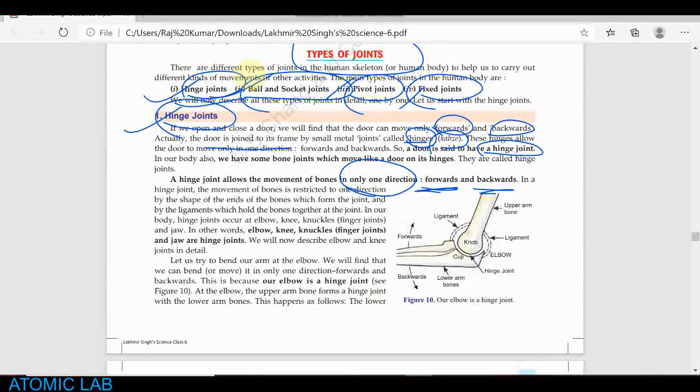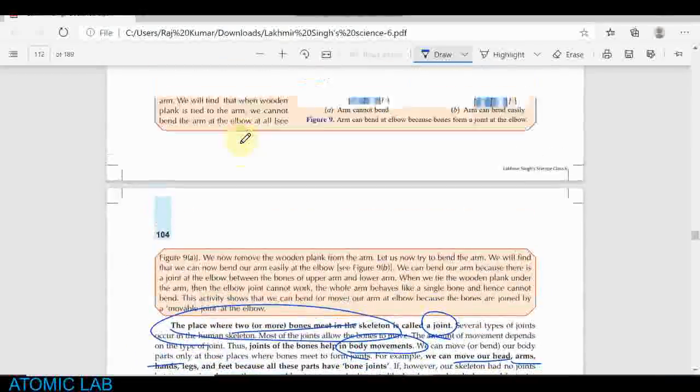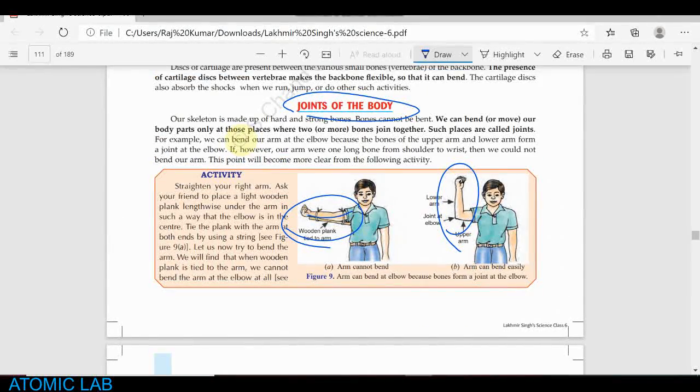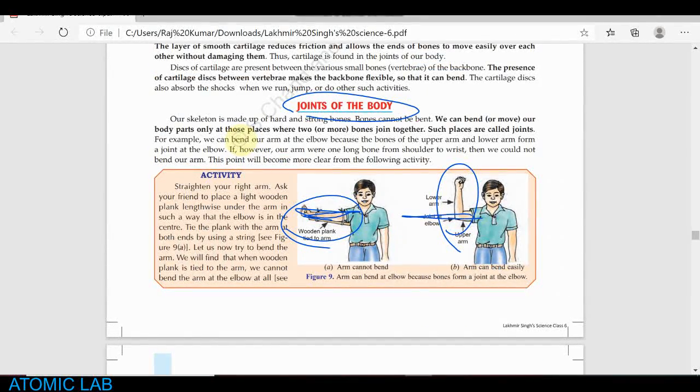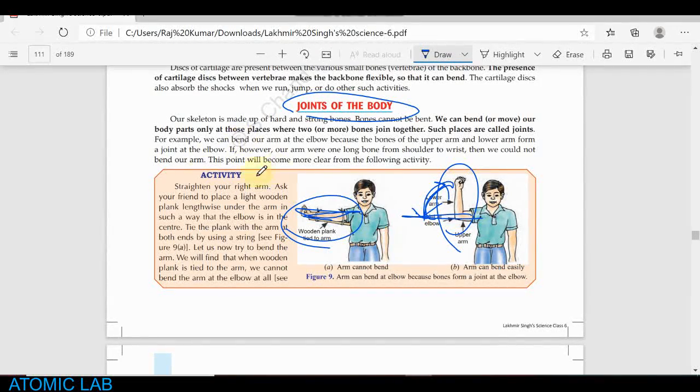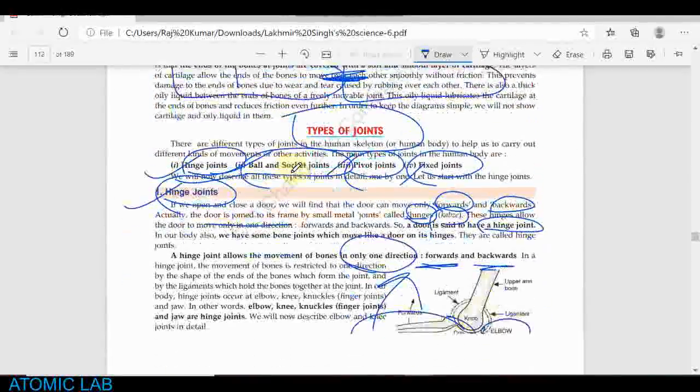If I take the example of the elbow, our hand can move in the forward direction and it can move backward, meaning it can only straighten. If you see these pictures, our hand straightens and can only move in the upward direction. The movement is in one direction, and that is known as a hinge joint.